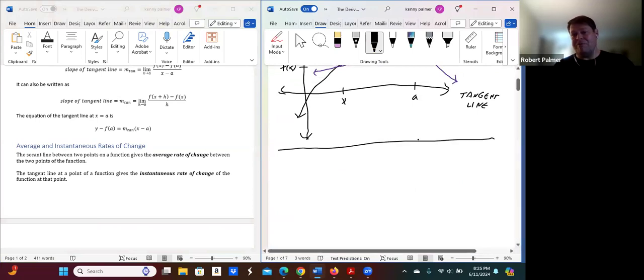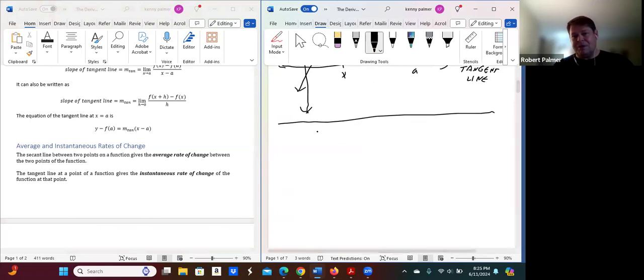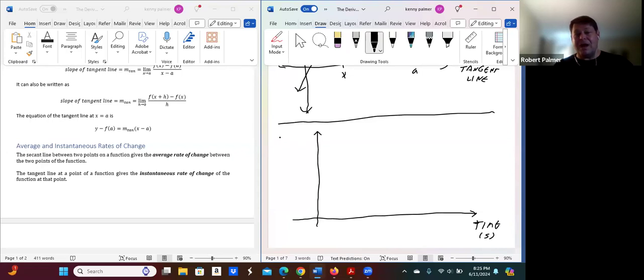Let's go back over here. We'll do a graph very similar to what we just did, but let's look at something that will hopefully make sense to us. Imagine you have a graph, and along the x-axis I have time, maybe in seconds. Along this axis I have distance, maybe in feet.